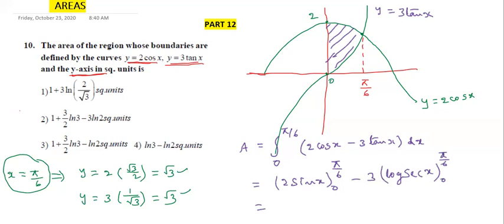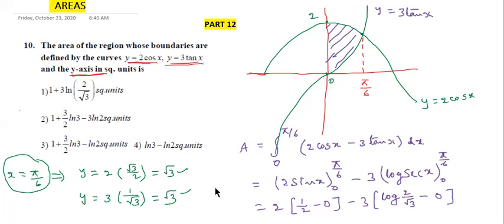Now see the first term, substitute the upper limit: sin pi by 6. How much, students? 1 by 2, minus sin 0, which is 0, minus 3 into log secant pi by 6. Cos pi by 6 is root 3 by 2, so secant pi by 6 means 2 by root 3, minus secant 0, which is 1, log 1 is 0.